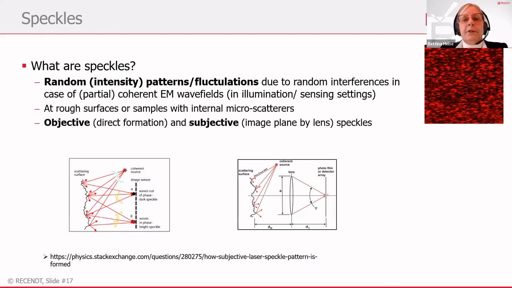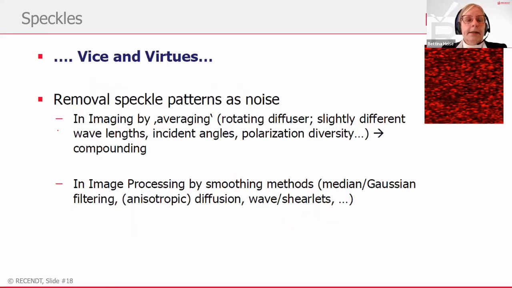Depending on the degree of coherence, they can be fully modulated or partly modulated, but you get such a patchy pattern as you have here. They can be directly measured, or projected by a lens system onto imaging planes, and we discriminate between objective and subjective speckles, and you can also tune the size. And is this only a random pattern, or does it also give some information?